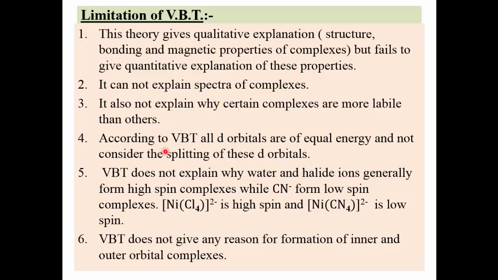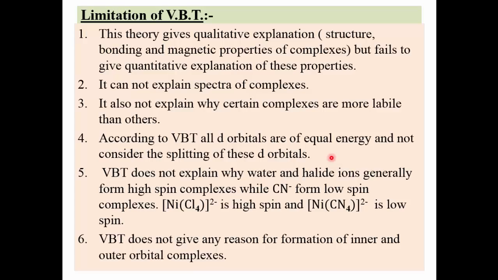Next one, according to VBT, all d orbitals are of equal energy and it does not consider the splitting of these d orbitals. There are 5 types of d orbital: dxy, dyz, dxz, dx square minus y square and dz square. Pauling considered that the energy of these 5 d orbitals is same.